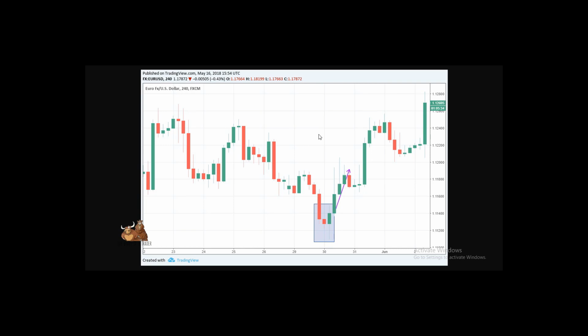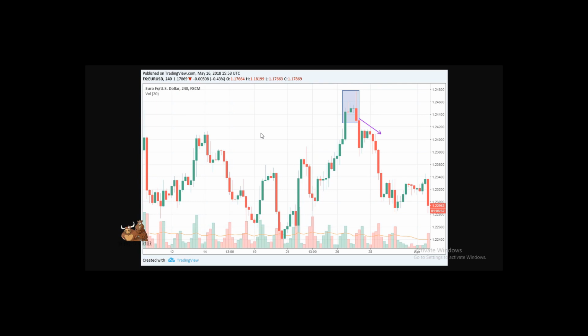Of course this is a 4-hour chart. If you are just scalping, then this is an intraday trade that can give you 50-60 pips. If you're more patient, you can see the price went 150 pips higher the next day.